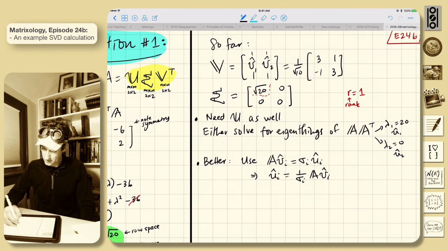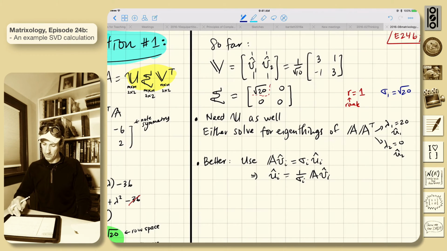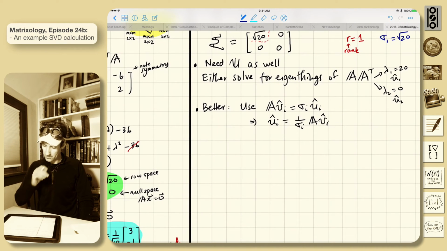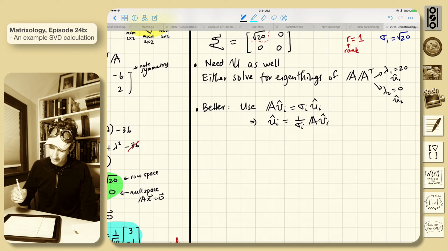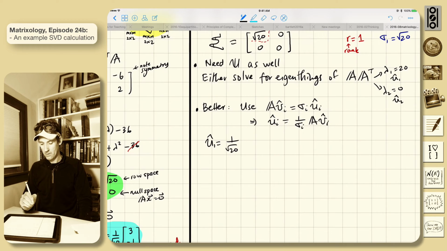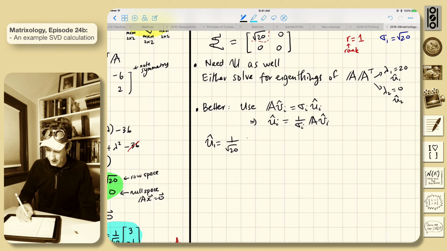Right, I'll put up here the rank 1, so sigma 1 equals square root of 20. That's it, it's just one singular value. So this is a better plan, we're going to use this. So U1 is 1 over the square root of 20, times 1 over sigma 1, A times 1 over root 10, 3 minus 1.